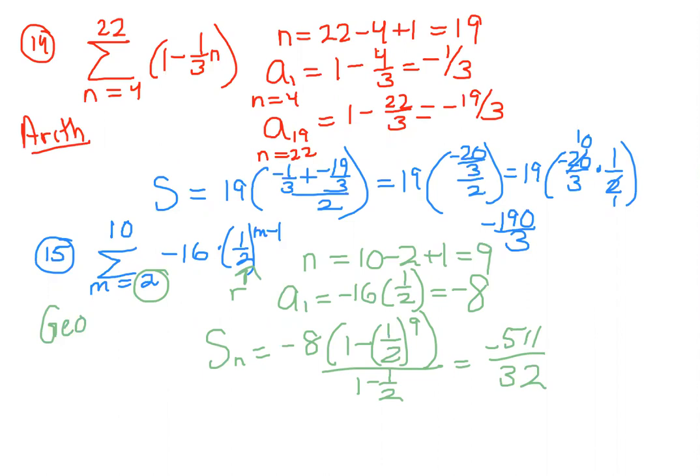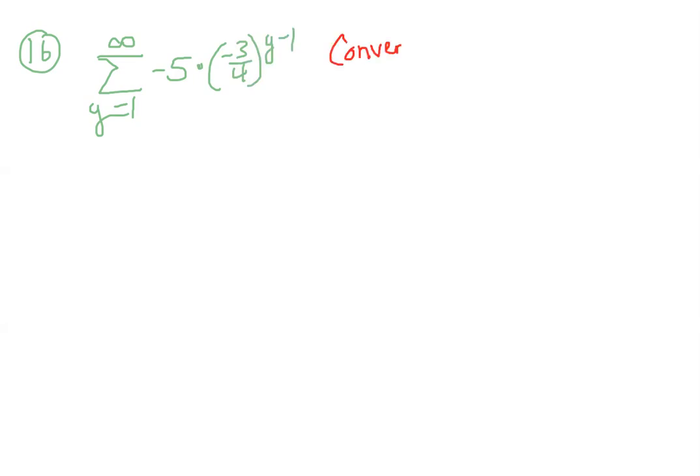And our last two here are infinite. And remember that you can only find the sum of an infinite geometric sequence when it is convergent. This one, number 16, is convergent because r is negative 3/4 and the absolute value of r is less than 1.